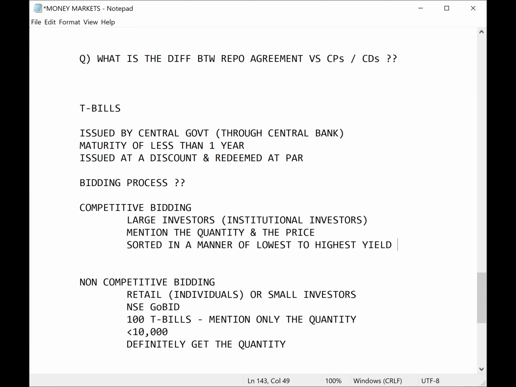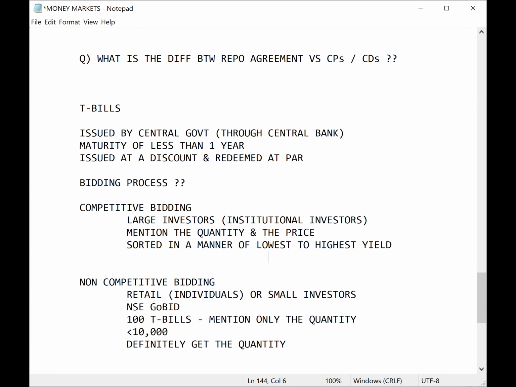So guys, you are asking the institutional investors to please mention the quantity you want and at what price you are ready to buy. So you sort the bids in a manner of lowest to highest yield or price. Whoever is ready to pay the highest price, that would be preferred in the allocation. Highest price means lowest yield, right? And lowest price means highest yield.